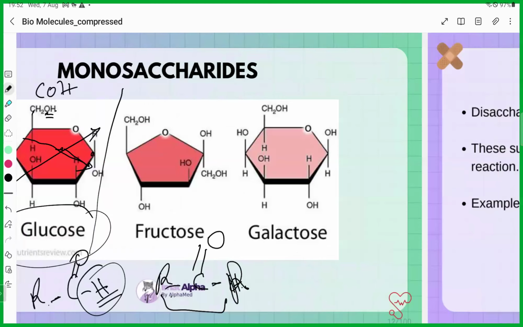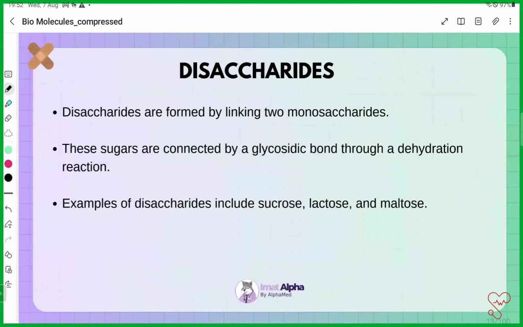Disaccharides are formed by linking two monosaccharides. These sugars are connected by glycosidic bonds through a dehydration reaction. Examples of disaccharides: sucrose, lactose, and maltose. Sucrose is made up of a glucose and a fructose. Lactose is made up of a glucose and a galactose. Maltose is made up of two glucose molecules.